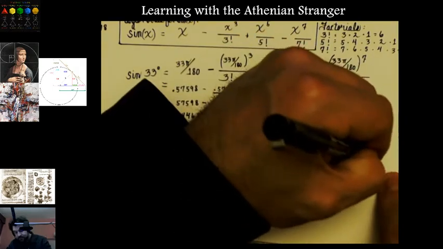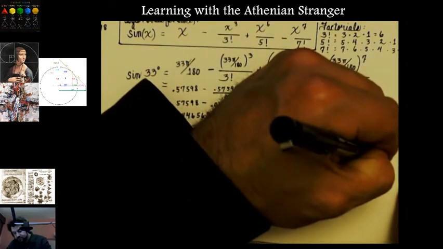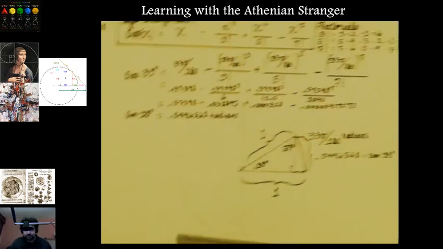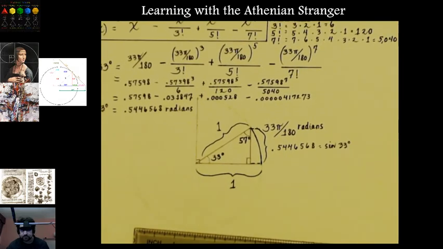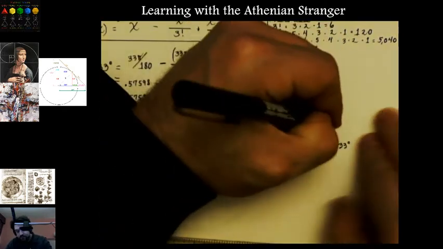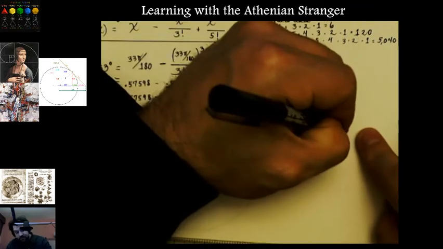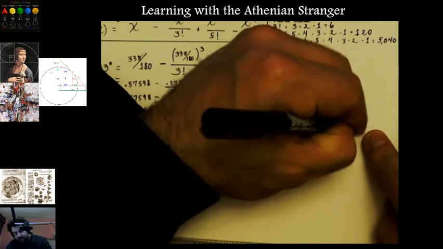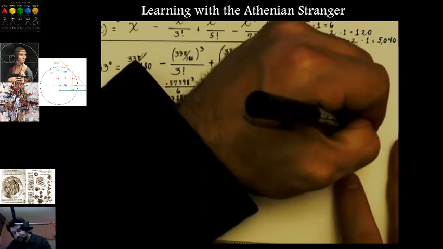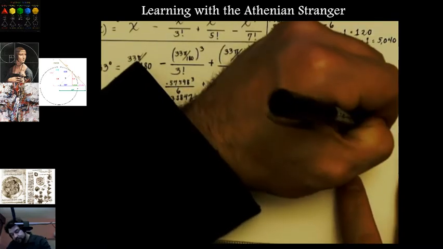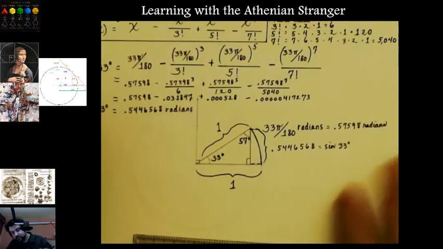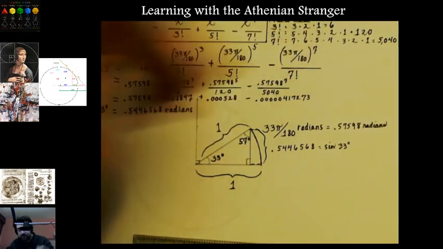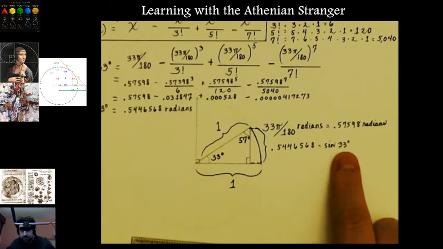This is equal to the sine of 33 degrees. This arc radian measurement, let's make sure we've got this clear, was 0.57598 radians. So this is 0.5446568 radians. That's equal to sine of 33.